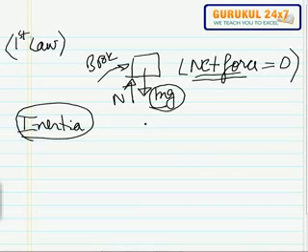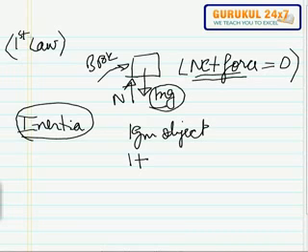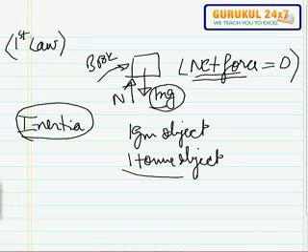So if you have, let's say, a 1 gram object and another object that weighs a ton, obviously the 1 ton object would be more difficult to move, or you can say it would be more difficult to change the state of the 1 ton object. So inertia actually is the mass of an object. That's how you define inertia.